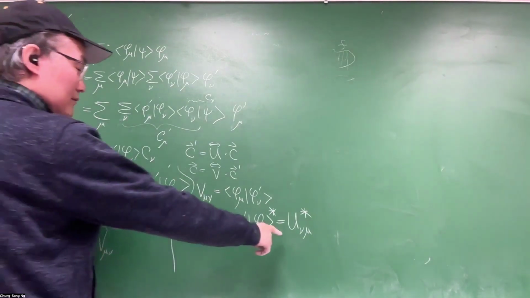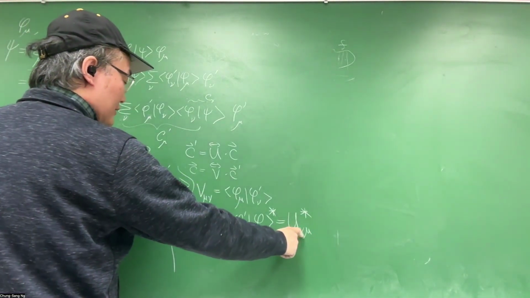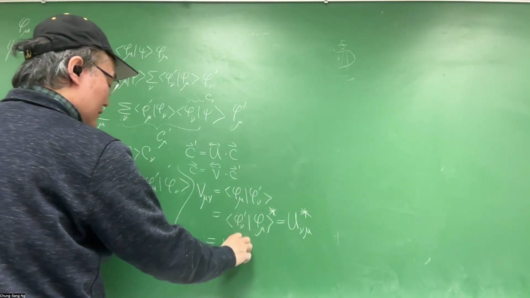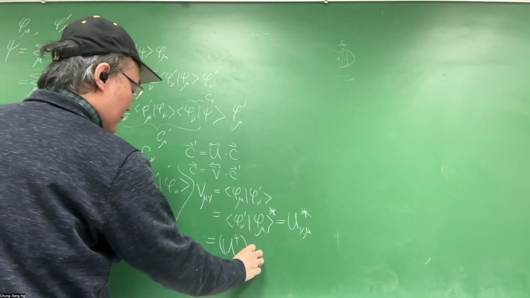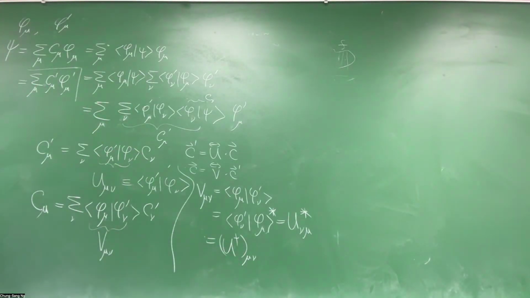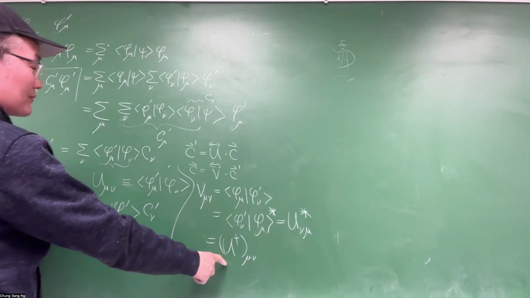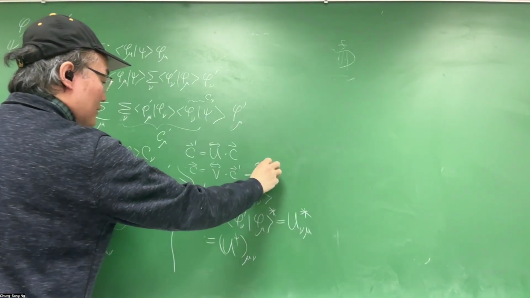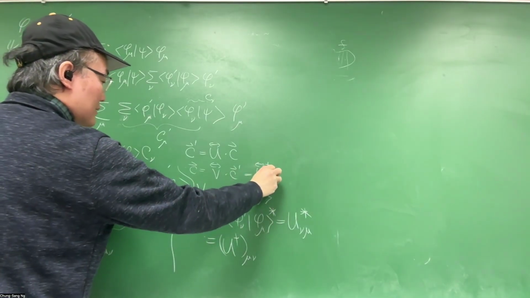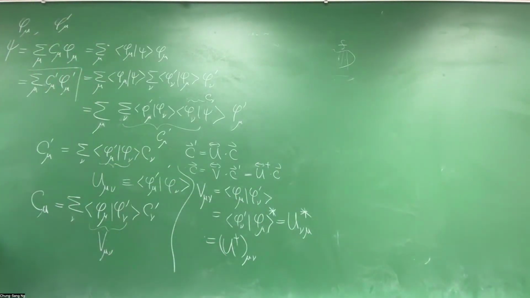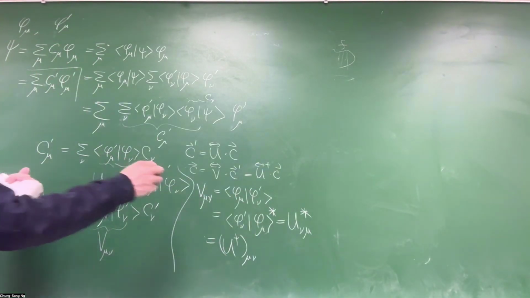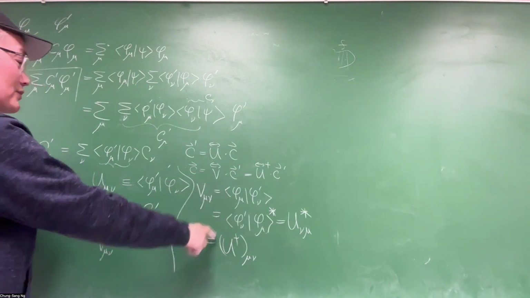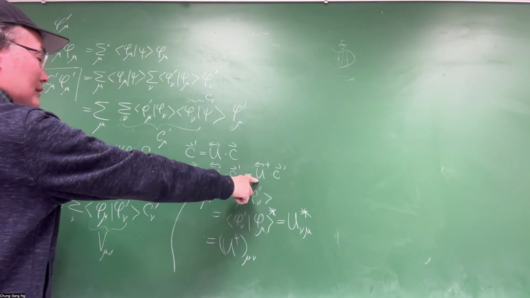And then exchanging the indices and taking the complex conjugate is just the adjoint. So comparing this with that, V is just U adjoint. So by this we show that V is just U adjoint.